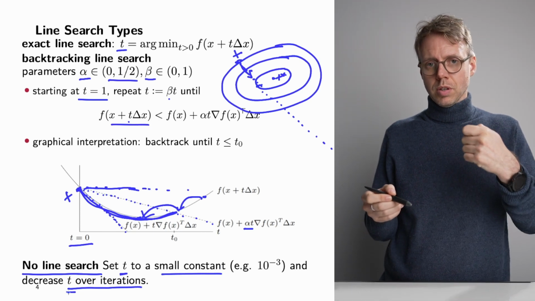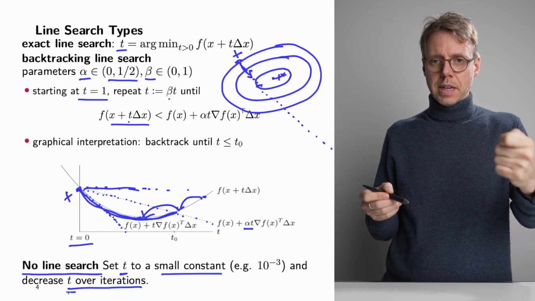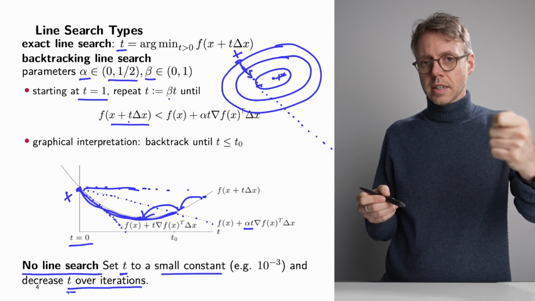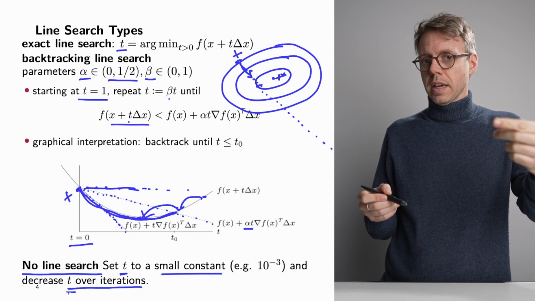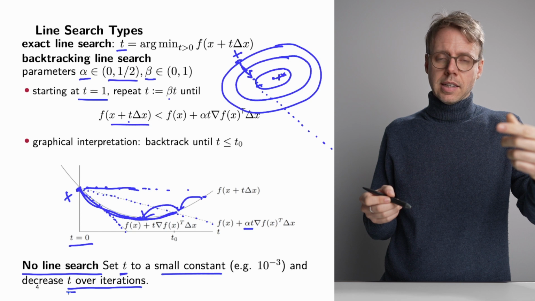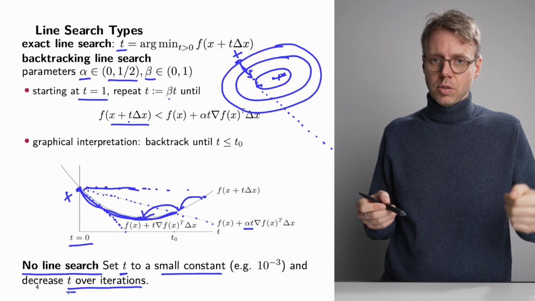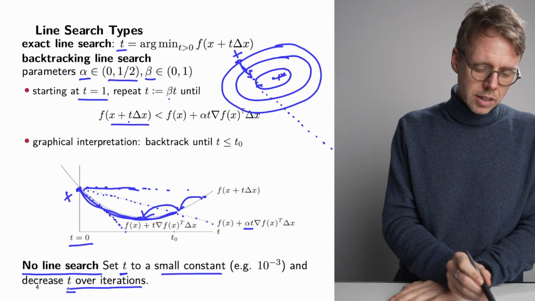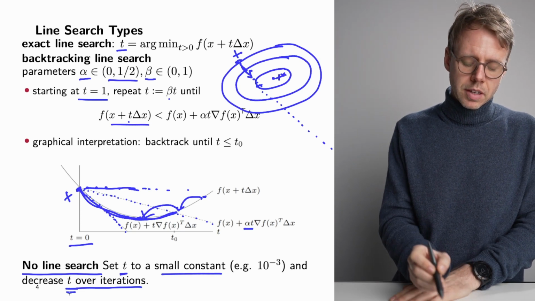So you would do a step with 10 to the minus 3, and compute a new gradient, and in the next iteration you may actually slightly decrease your step size, and so on, until you hopefully arrive at an optimum.